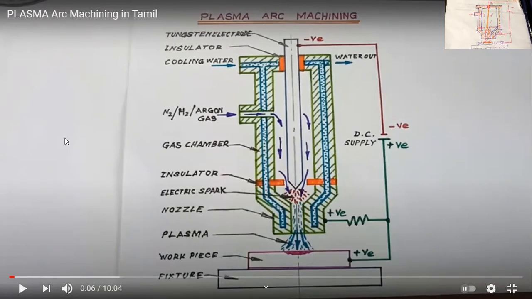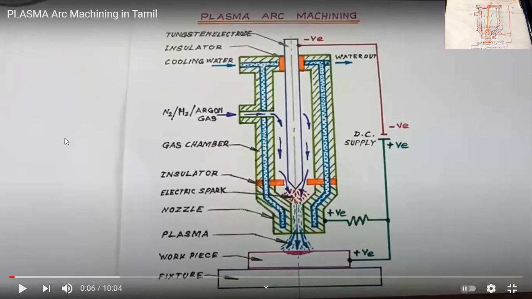When these gases are heated to a high temperature, of the order of 2000 degrees C or sometimes even 5500 degrees C, the molecules will separate out as atoms.